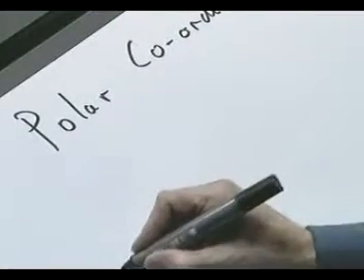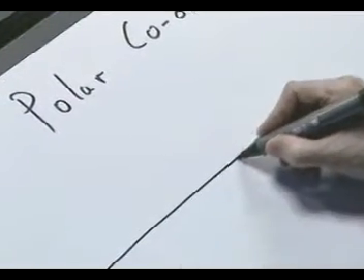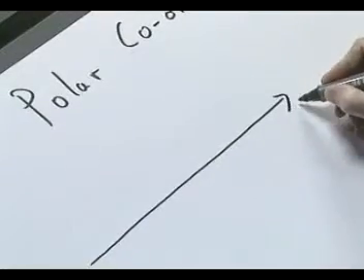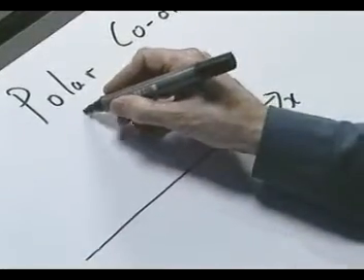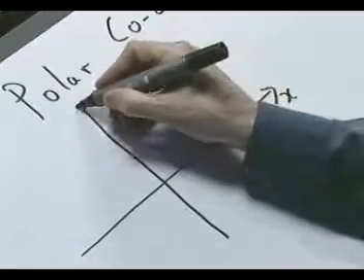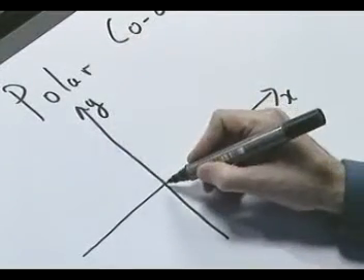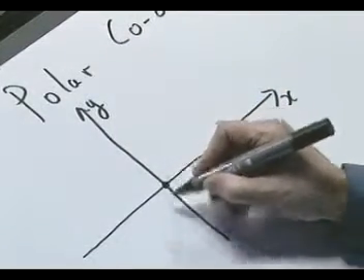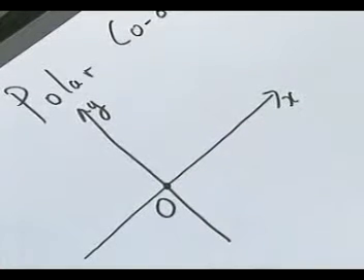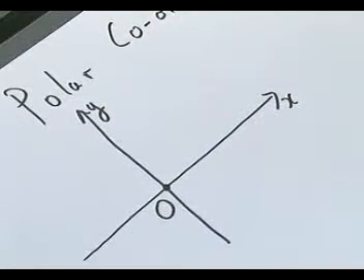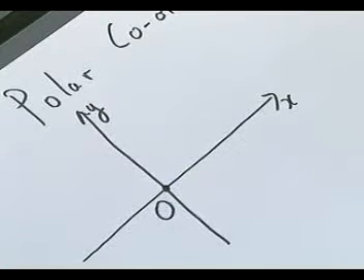Now, in that system, we take two axes, an x-axis, which is horizontal, and a y-axis, which is vertical, and a fixed point O, called the origin, which is where these two lines cross.